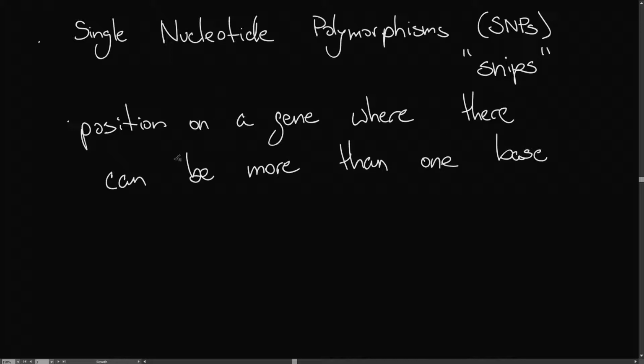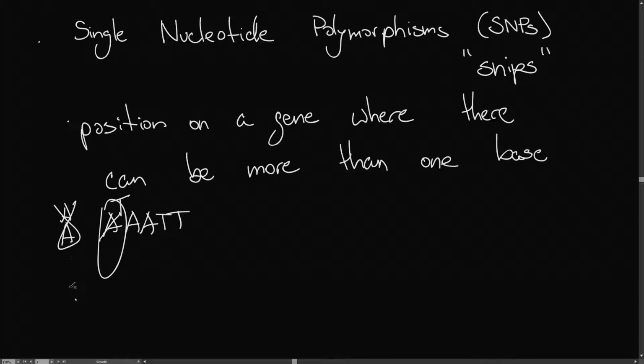And this doesn't mean that there's a single position where there, for example, are two A's stacked on top of each other. What this means is if there's, let's say, an AAATT, for example, in this string of bases on a gene, and there's a single position, so let's say this position, where instead of the A, we can have a T, and it still functions properly, well, this is a SNP.